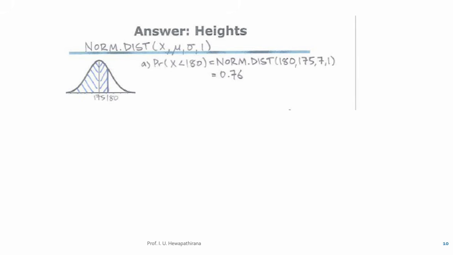First of all, what they are asking is, what is the probability that capital X, the height of men, is less than 180? So again, we use the norm.dist function where x is 180, mean is 175, standard deviation is 7 and cumulative true. So that value will be given as 0.76.